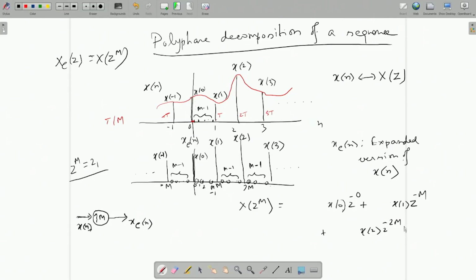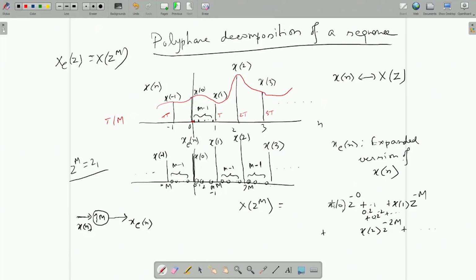So, that means I can write it as though there are terms here with 0 values, 0 into z to the power minus 1, 0 into z to the power minus 2 and so on.